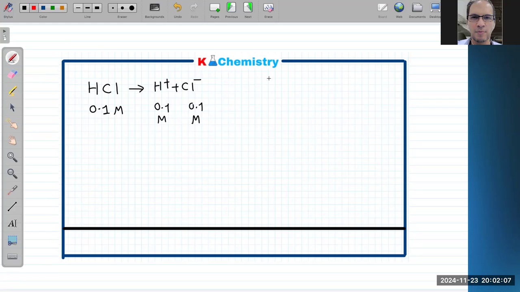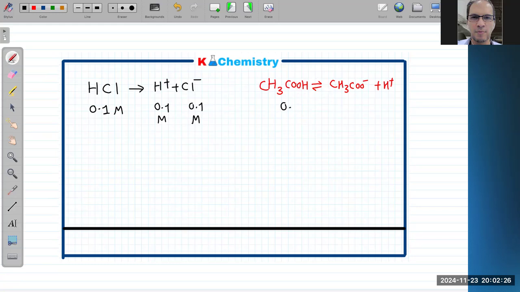The issue in anything which is in equilibrium is that that does not happen. Actually, only part of the CH3COOH is going to change into ions, and the rest is not going to do this. And the bigger problem is that I don't know how much.